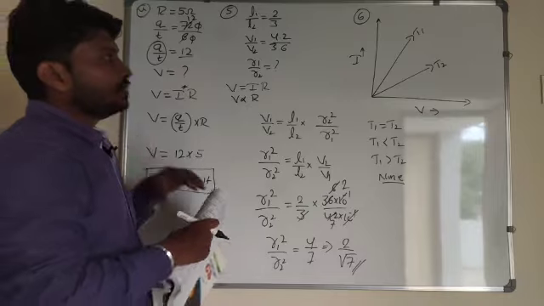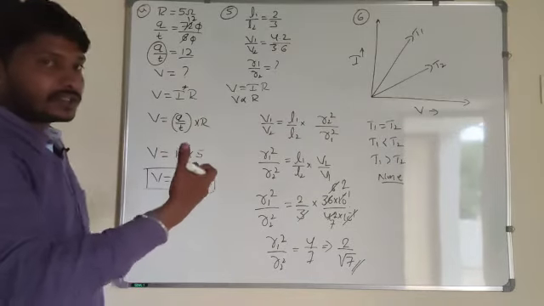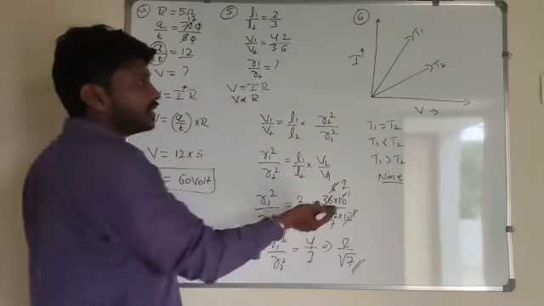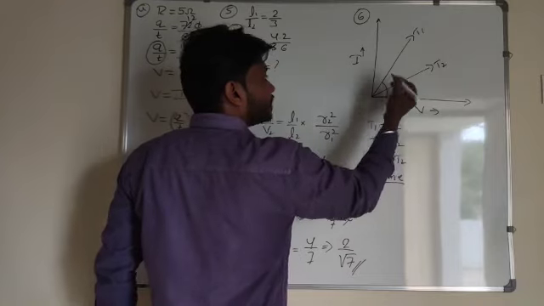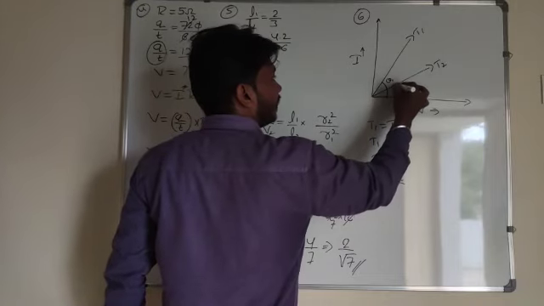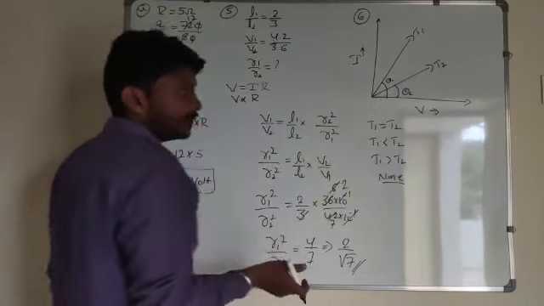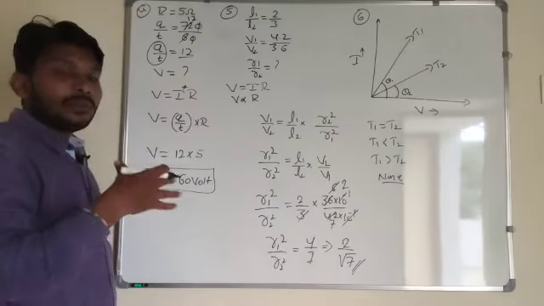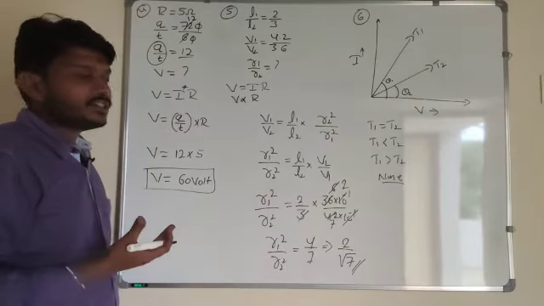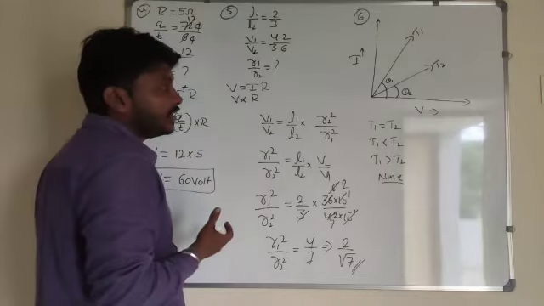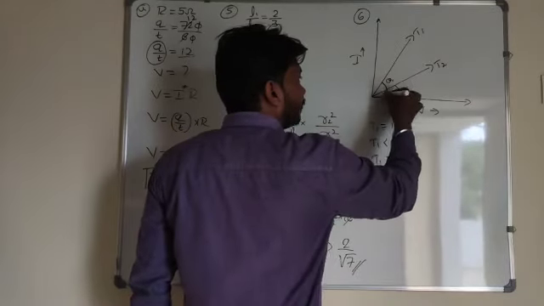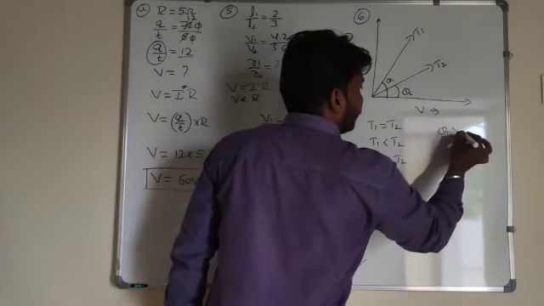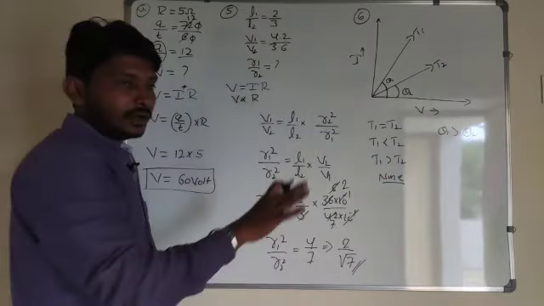So look at here. In the last class we discussed the limitations of Ohm's law. If you find the slope here, this is theta 1 you can take and this one is theta 2. That slope is inversely proportional to resistance. So slope is inversely proportional to resistance means theta value is more. So theta 1 value is greater than theta 2 here.